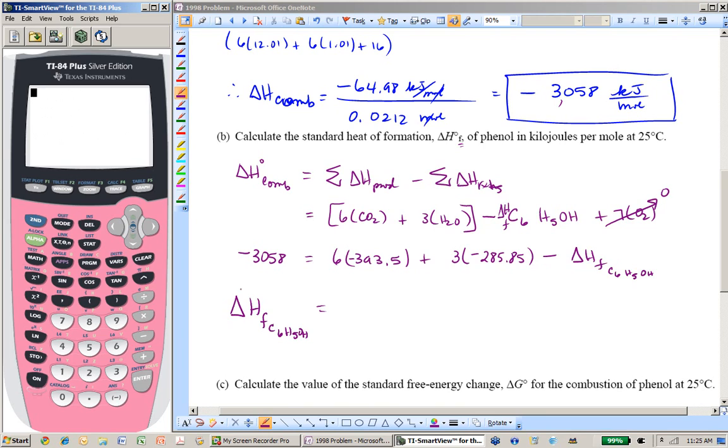So I'm moving this over. Doesn't that mean I add this negative into the situation to move it over? So just doing some 8th grade algebra here. So I'm going to get 3058 plus 3 times a negative 285.85 plus, oh, was that it? Hey, that was it. That's all I needed.